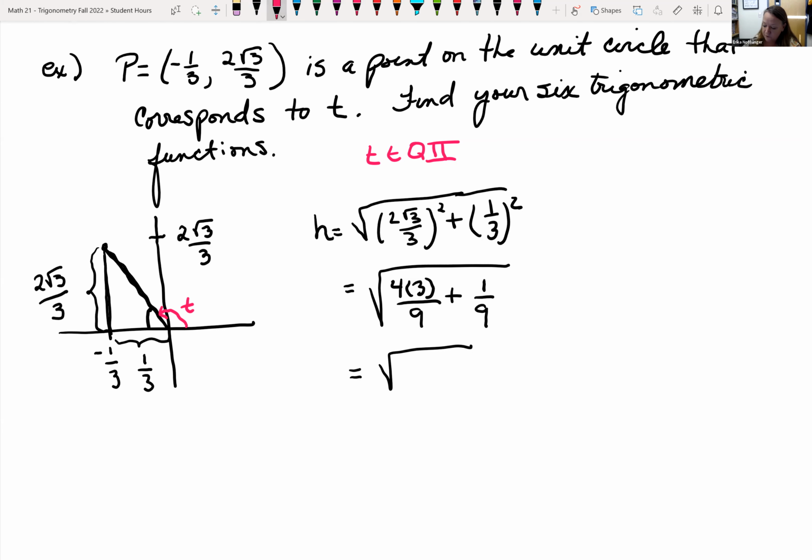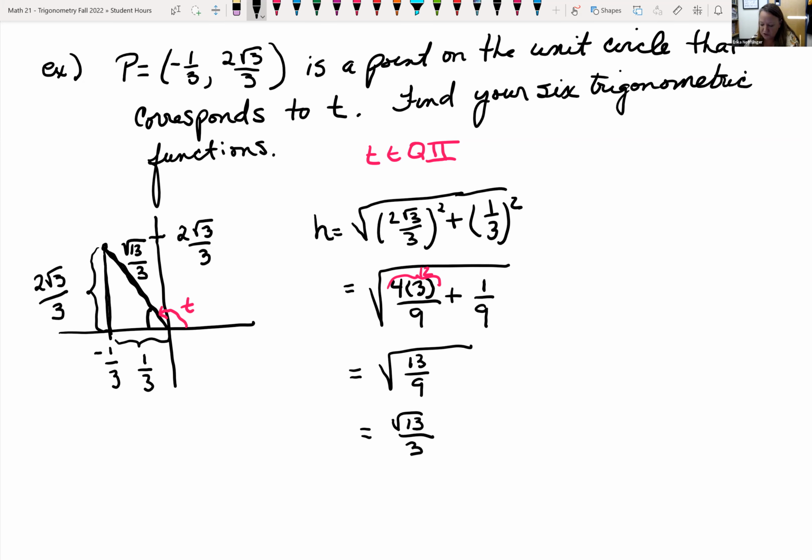We notice that 4 times 3 is 12, so I have 12 ninths plus 1 ninth is 13 ninths. Now using rules of radicals and fractions, I can take the square root of my numerator, which is 13, all over the square root of my denominator, which is 3. So this hypotenuse is square root of 13 over 3.